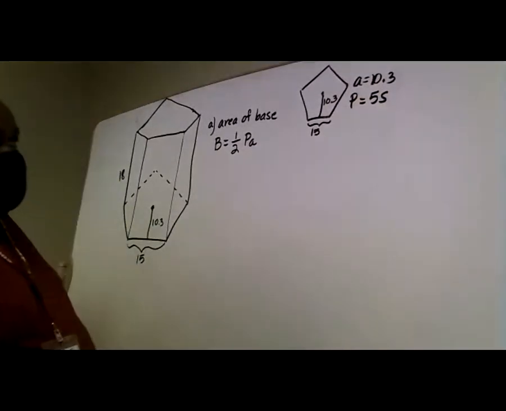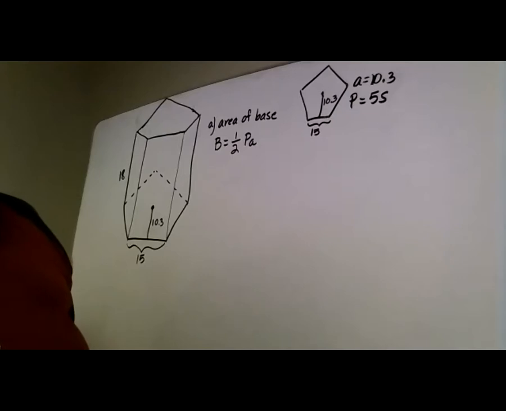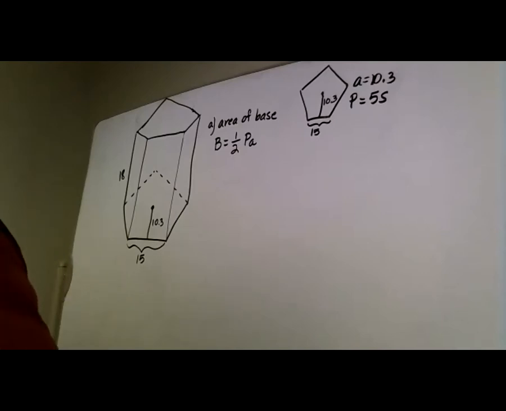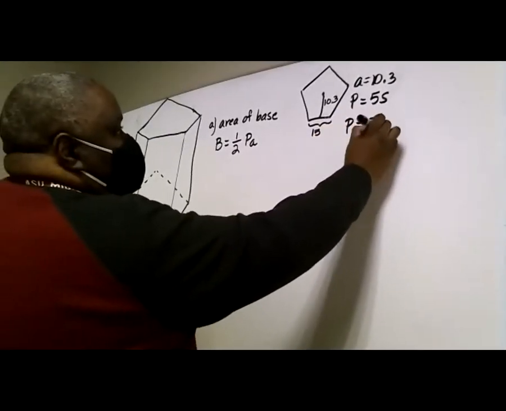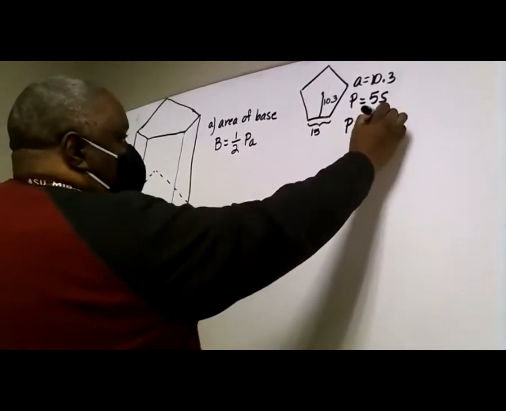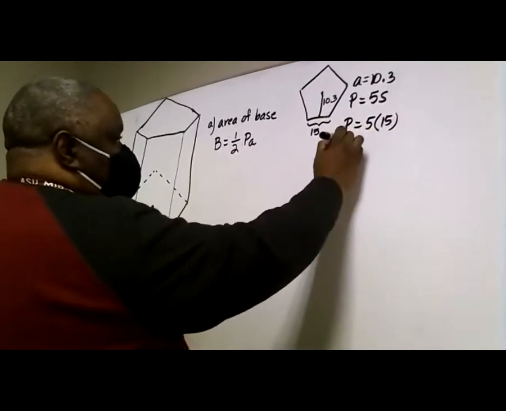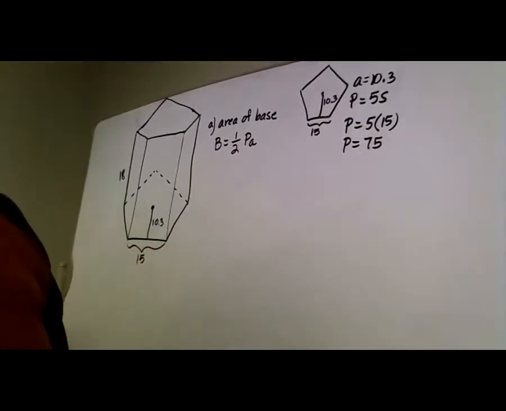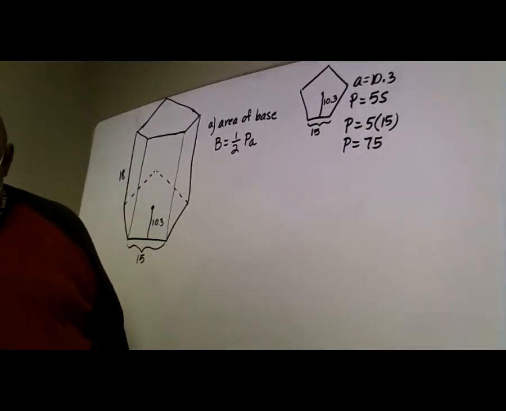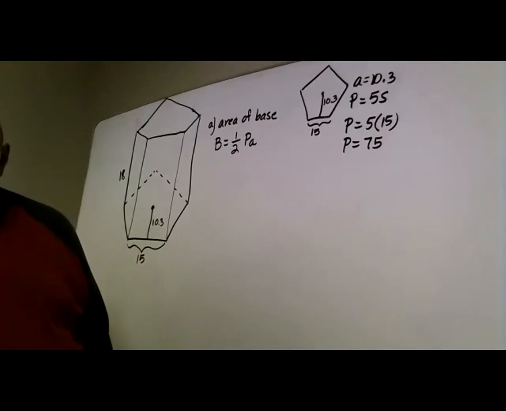There are 5 sides in a pentagon, which are of equal length. So the perimeter there would be 5 times S. And the side has a length of 15, so 5 times 15 is 75. So the perimeter of that base is 75.